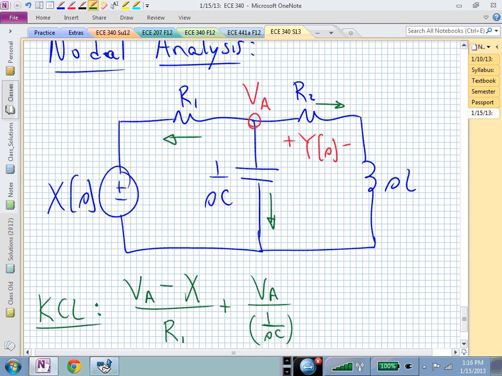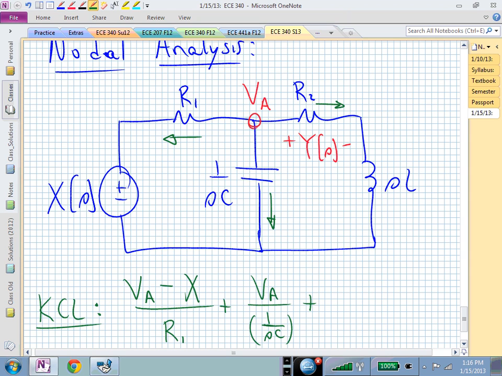Now I need the current going to the right out of V sub A horizontally. I'm not worrying so much about the voltage between the R sub 2 resistor and the inductor. Let me just lump these series impedances into one impedance and worry about that whole drop.